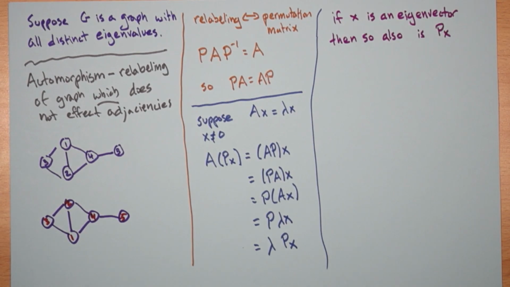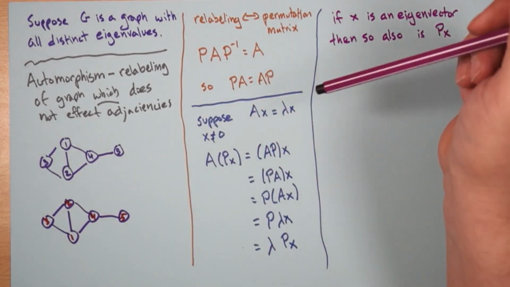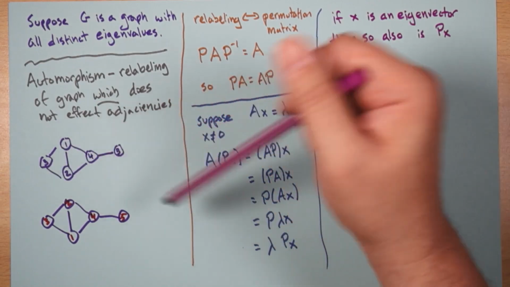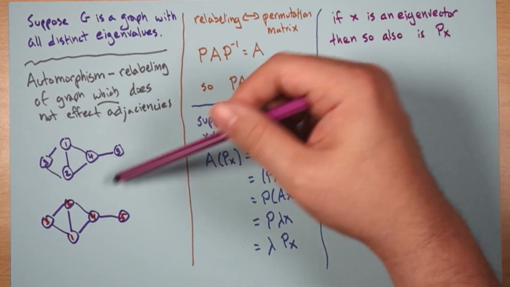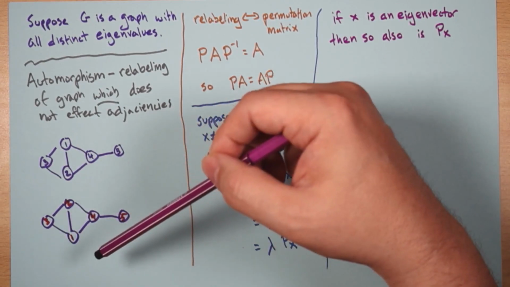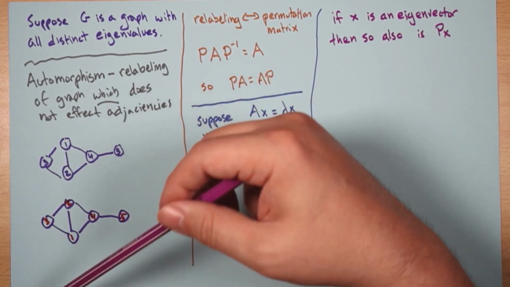And so this is not terribly surprising. It basically says, look, if you think about what a vector is in terms of a matrix, a vector is assignments of values to the vertices. And it just says, carry that assignment with you as you permute, and you're still an eigenvector.